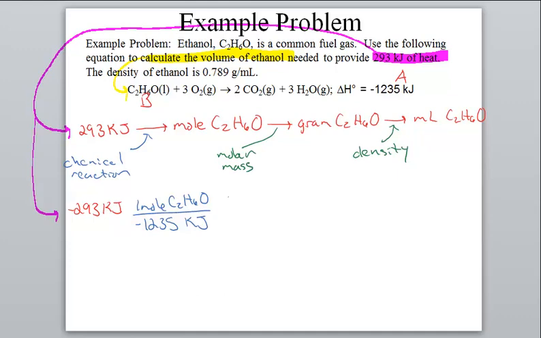The chemical reaction tells us that for every 1 mole of ethanol that reacts, 1235 kilojoules worth of energy would be released. So we put that proportion in, and if we need 293 kilojoules, then we need around 0.237 moles of ethanol. So that's the mole quantity. Eventually we need to get to milliliter quantity.